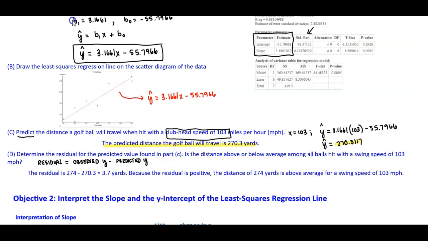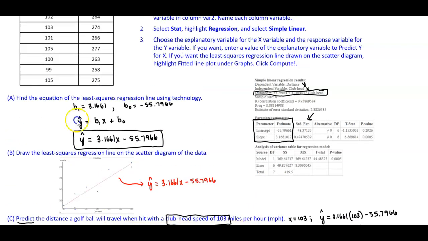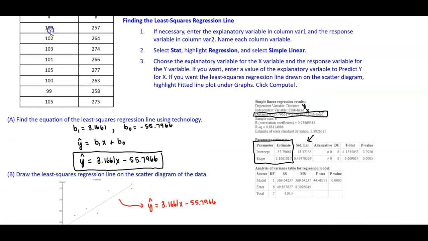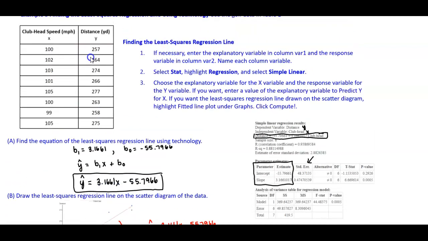So what do we know about the predicted Y value? It's the predicted Y value we just found in that last step to be 270.3. Now, if we go back to the observed value, for 103, the Y value is 274.